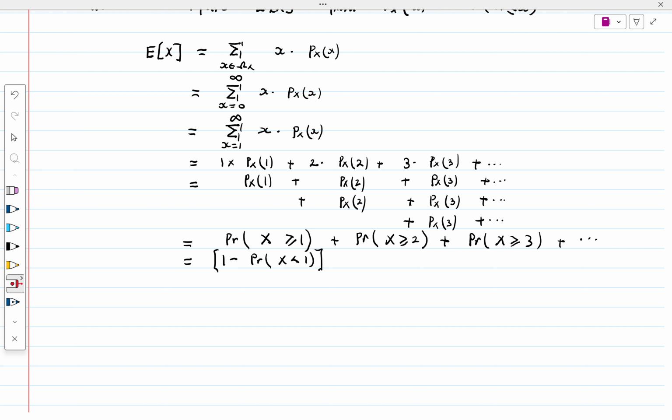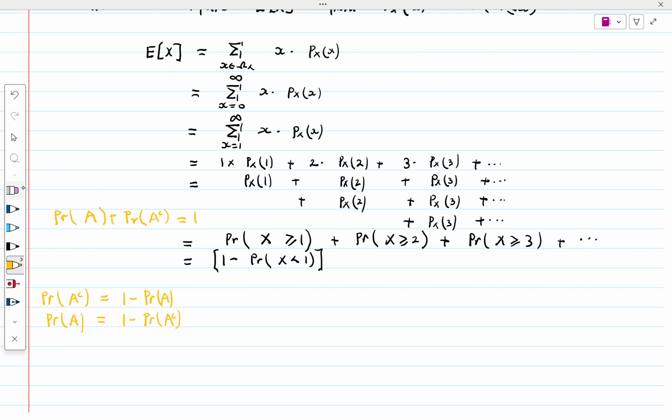As an aside, the probability of A plus the probability of A complement must equal 1. So the probability of A complement is 1 minus the probability of A, or alternatively, the probability of A is 1 minus the probability of A complement.